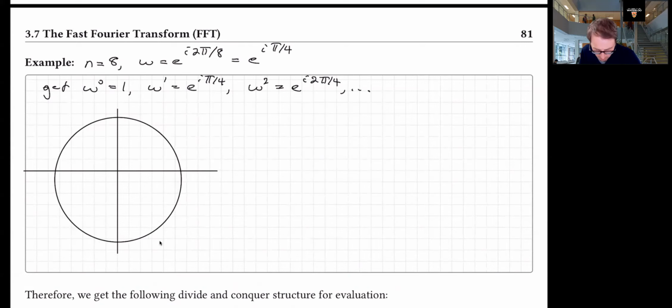So they're going to be the points here, here, right, where this angle is pi over 4, this angle as well. So this is omega to the 0, omega to the 1.